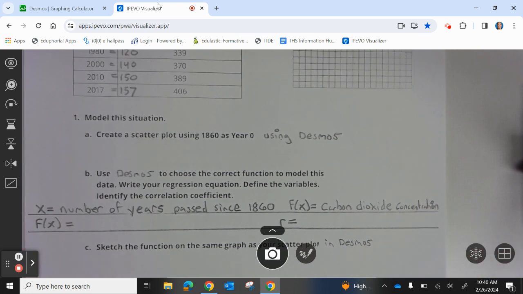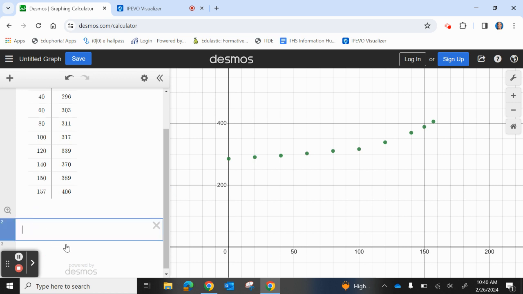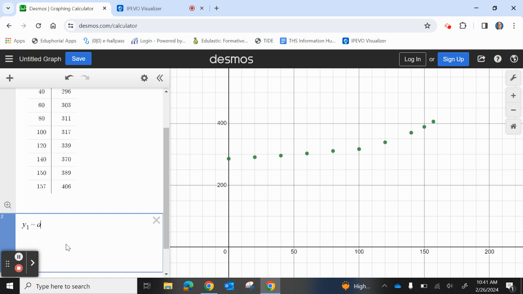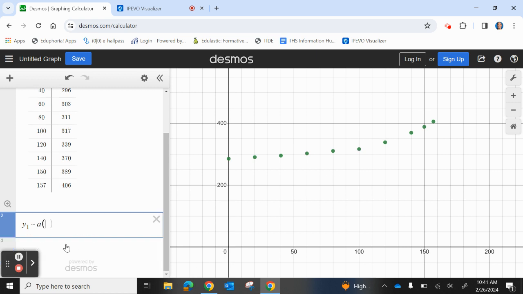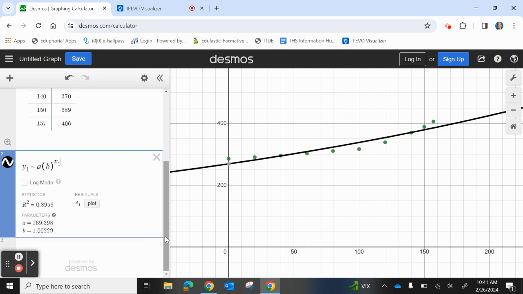Use Desmos to choose the correct function to model this data. Write your regression equation, define the variables, identify the correlation coefficient. X is the number of years passed since 1860. F of x equals the carbon dioxide concentration. All right. This curve looks exponential, so let's try exponential first. All right.